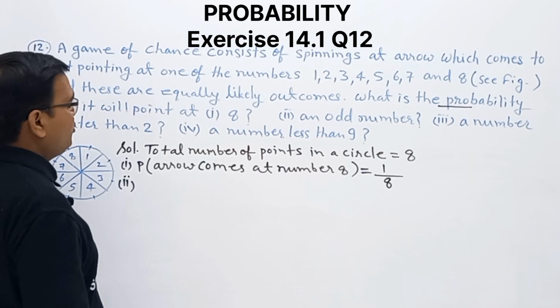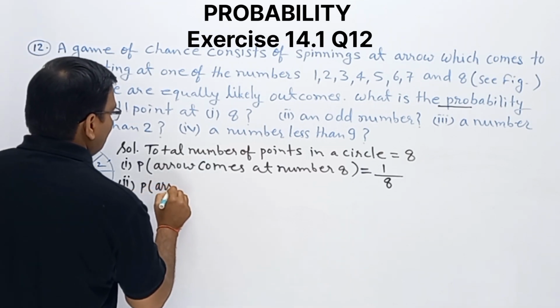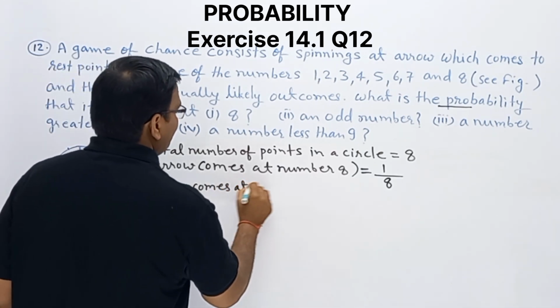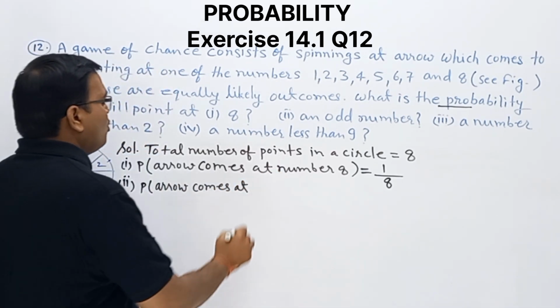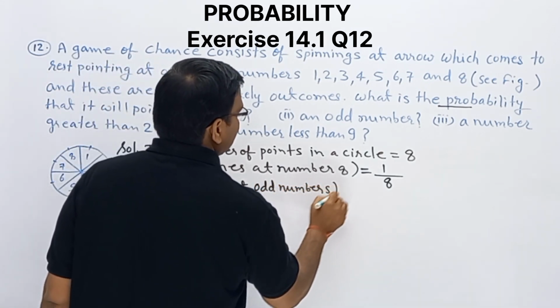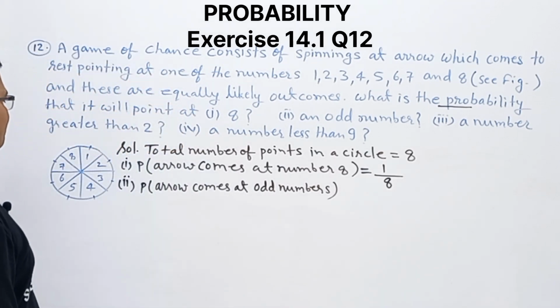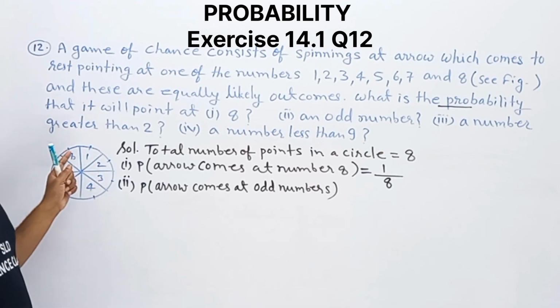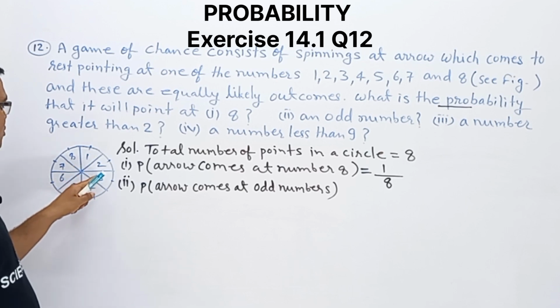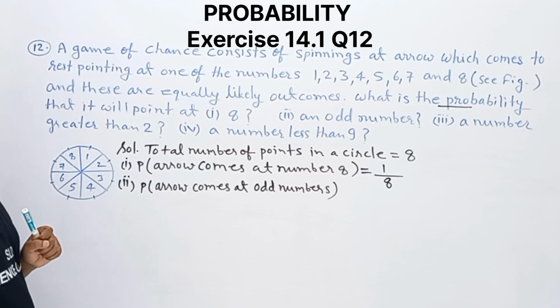An odd number. Probability of the arrow coming at odd numbers. From 1 to 8, how many odd numbers do we have? 1 is odd, 3 is odd, 5 is odd, 7 is odd. From 1 to 8 we have 4 odd numbers.